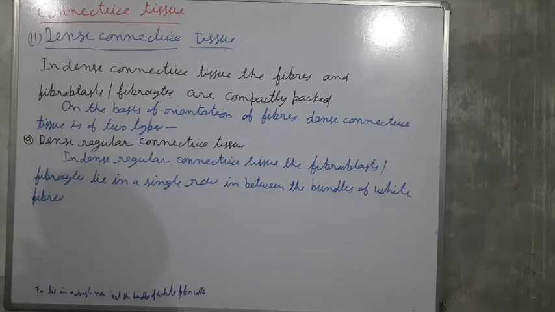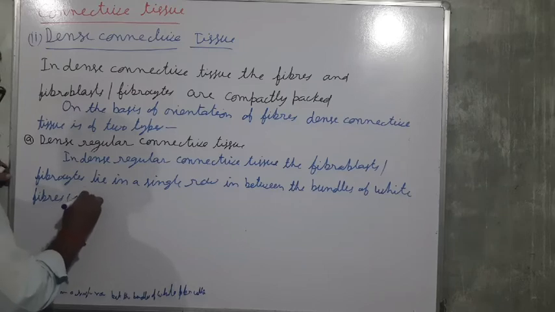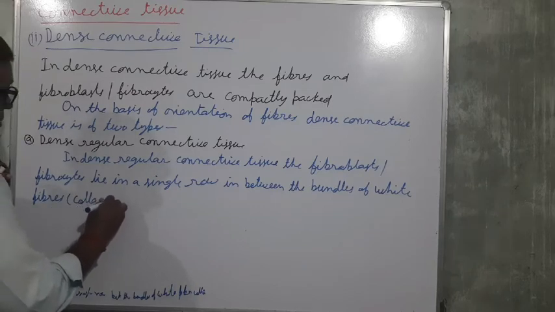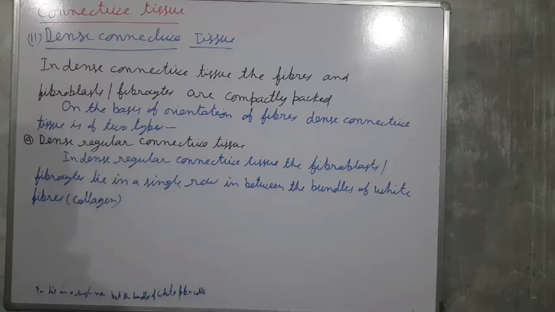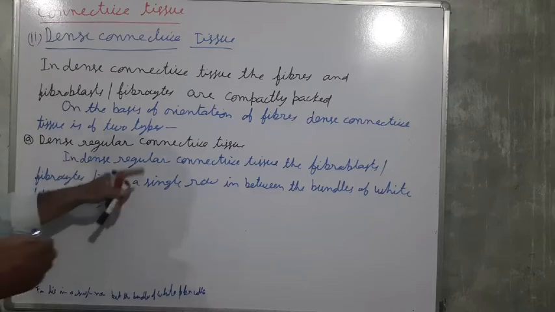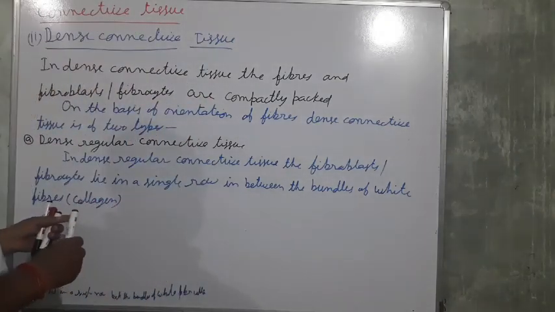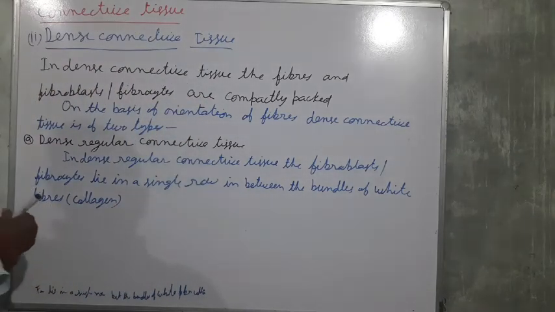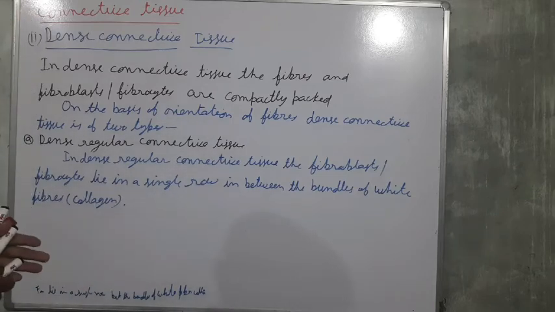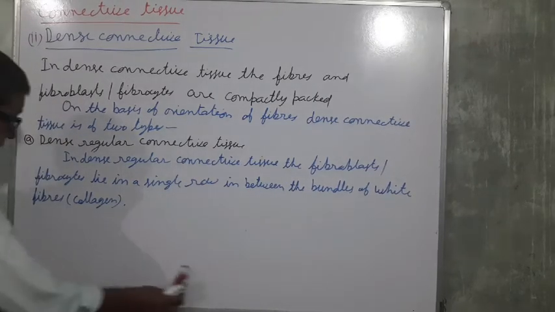White fibers, and that is collagen fiber. So here in dense regular connective tissue, the fibroblasts or the fibrocytes lie in a single row in between the bundles of the white fibers or the collagens. So we can draw the diagram here.